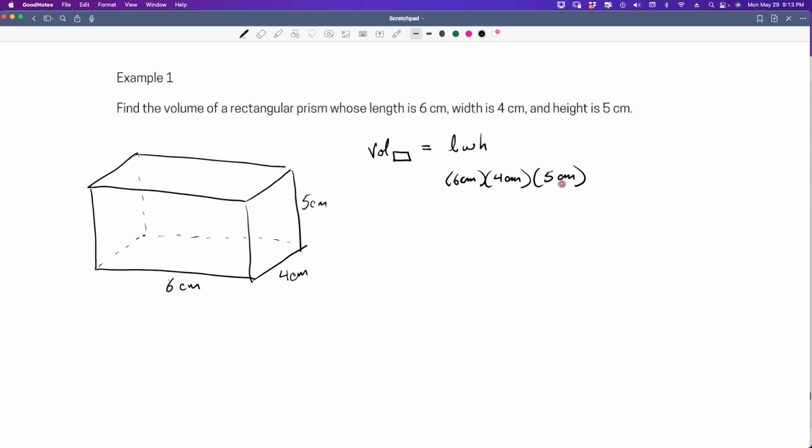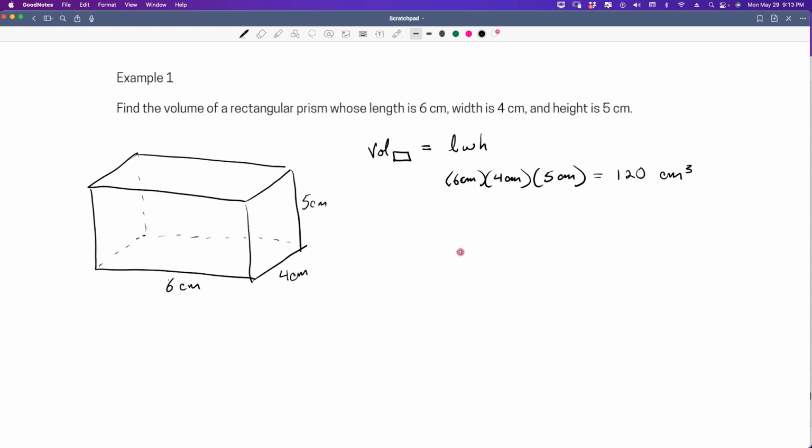And 24 times 5 is going to equal 120 centimeters. And we have 1, 2, 3 units of measure. So that's an exponent of 3. And that indicates volume. That exponent of 3 indicates cubic measure, which tells us that it is a volume.